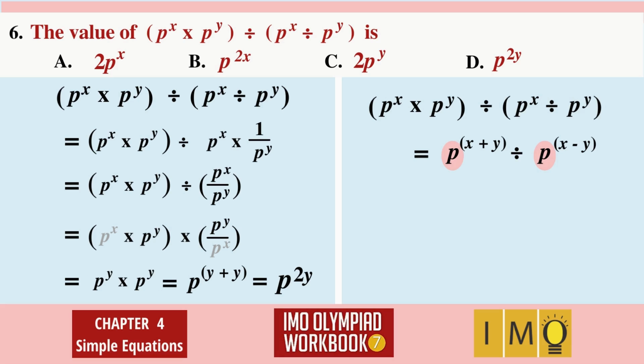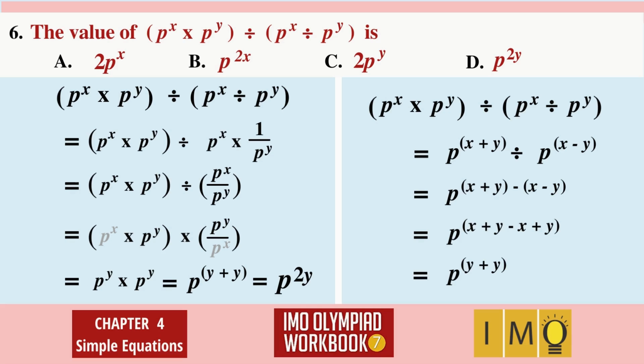So division will mean subtracting the exponents. What we get is p to the power of x plus y minus of x minus y. Removing the parenthesis in the exponent, we get p to the power of x plus y minus x plus y. That becomes p to the power of y plus y or p to the power of 2y. That verifies that the correct answer is option D.